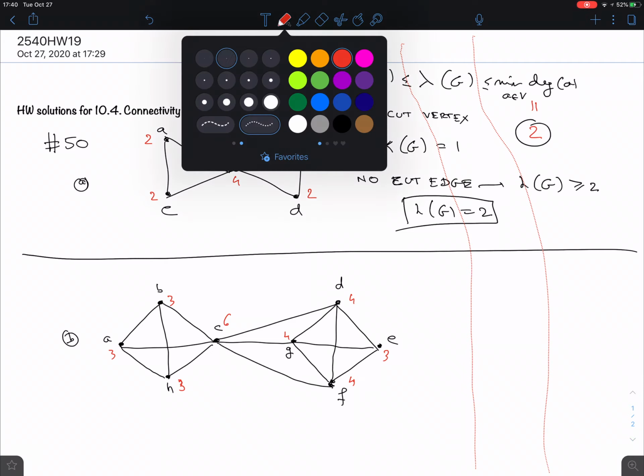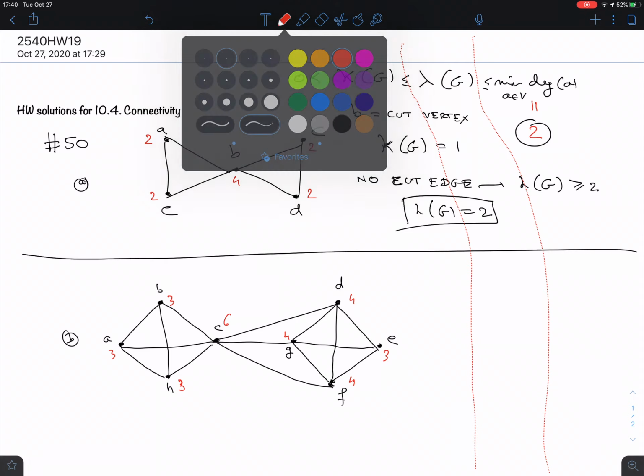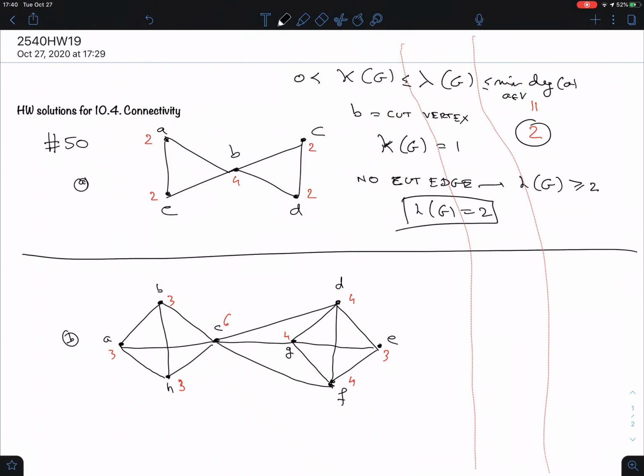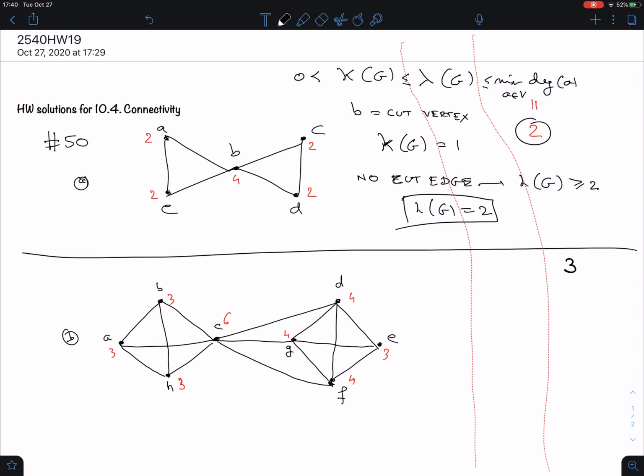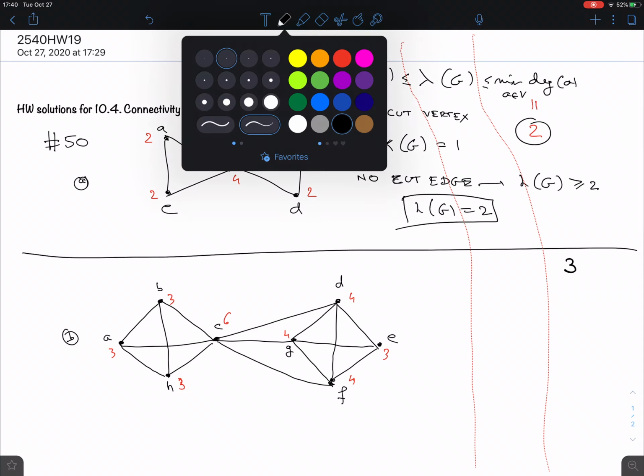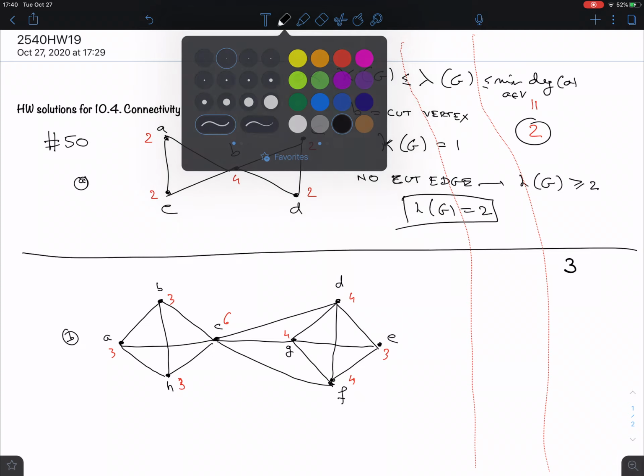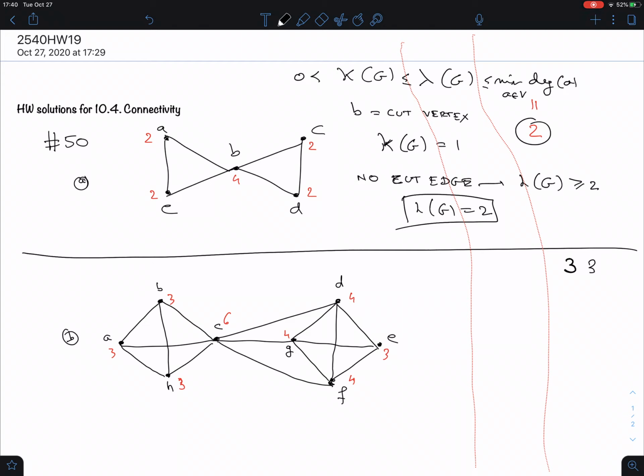So let's go back to my original, back. Okay, so do this black, sorry. Okay, so what about the maximum, the minimal degree, not the maximum, the minimal degree is 3 here. So this tells me that, why is this thicker than normal? Oh, I guess this is what I want, okay.